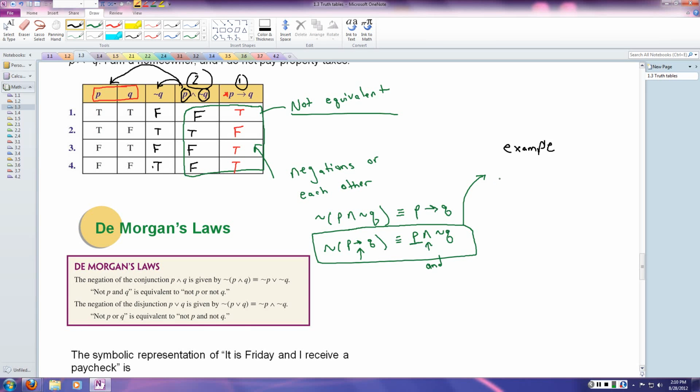If I want to take the negation of P implies not Q, that is going to be equivalent to saying P and not not Q, so I'd say just P and Q. Another example, the negation of not P implies Q is equivalent to not P and not Q, because you never change the premise of your conditional.